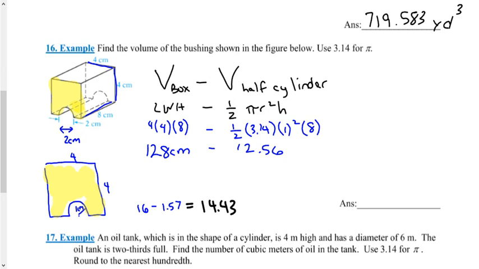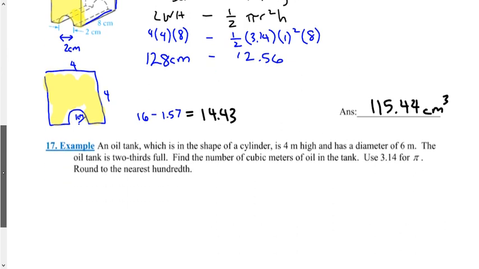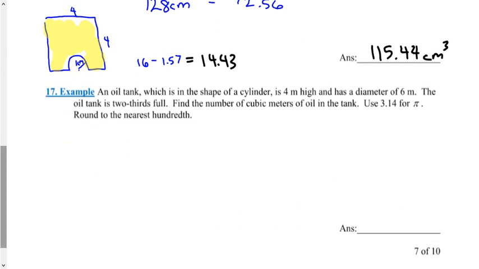Because remember, it's just area of the base times height. And when we do that, I get 115.44 cubic centimeters. That's the same thing we get up here if we subtract those numbers. So I just did it 2 different ways just to double check and make sure that I was doing it right.